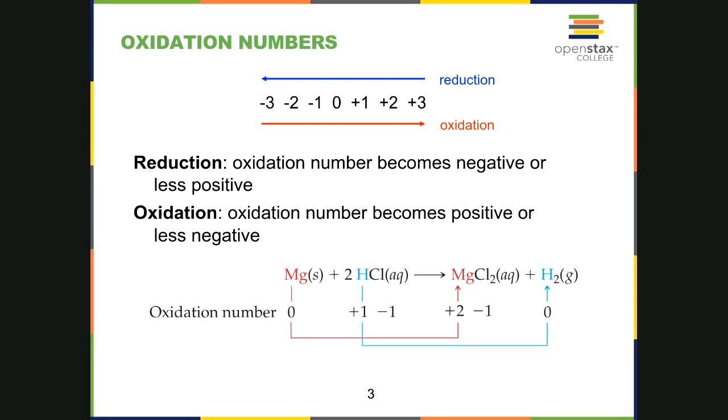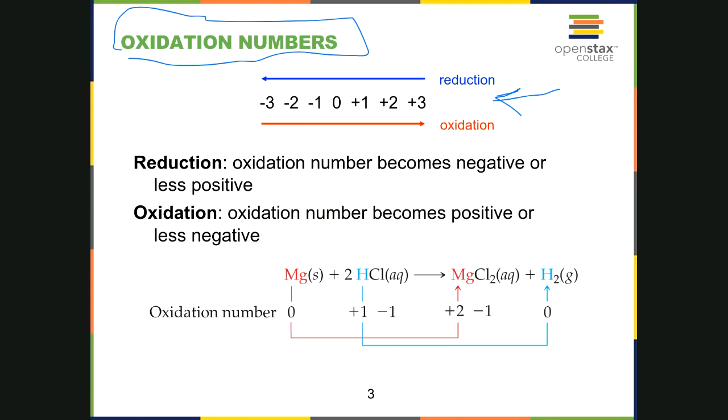And a way to do that is with oxidation numbers. You did this in Chem 140, especially if you had me for the class. And this is all based on a number line, like we see here: -3, -2, -1, 0, +1, +2, +3.